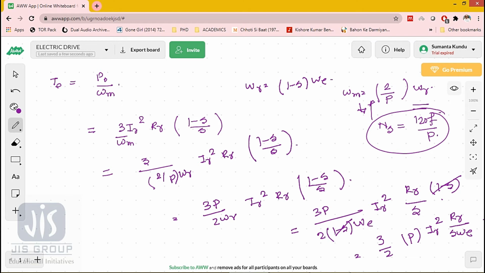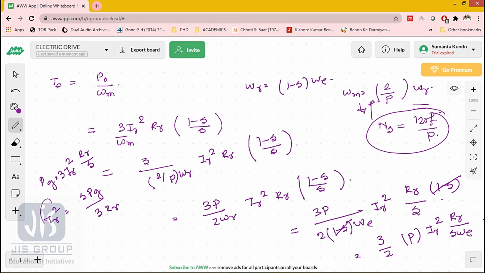Now instead of IR square, we can write it down as s Pg by 3 RR, because we know that air gap power Pg equals 3 IR square RR by s. So what is my IR square? It is s Pg by 3 RR.